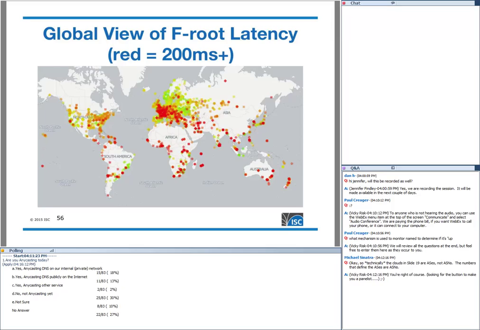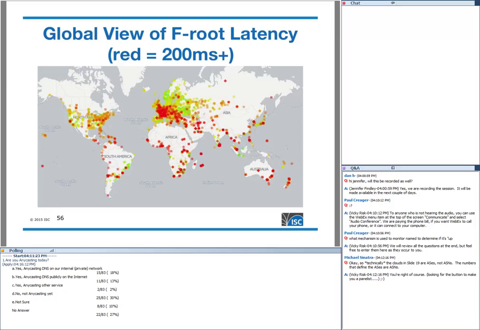This is the first graphical representation that he created. What you're seeing is anything over a round trip time of 200 milliseconds in red. And the first thing that we noticed were a lot of probes in the Western Central European area in red.